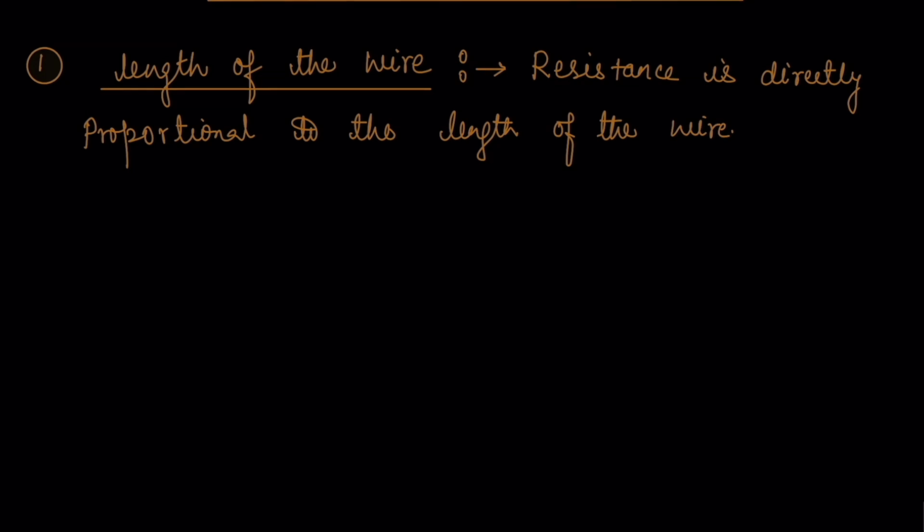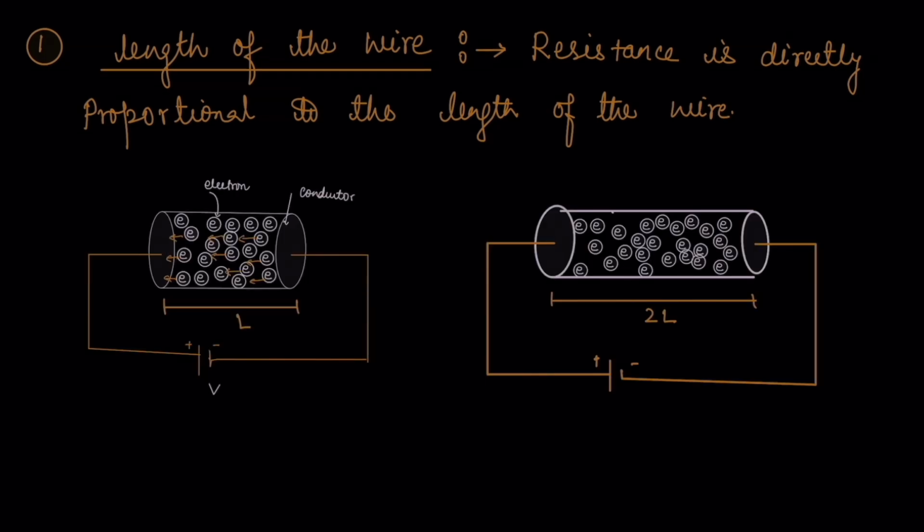Let's take an example. In this figure, you see we are taking two cases, where case 1 has a conductor of length L, and in the second case the conductor has length 2L, meaning it's double the first conductor.